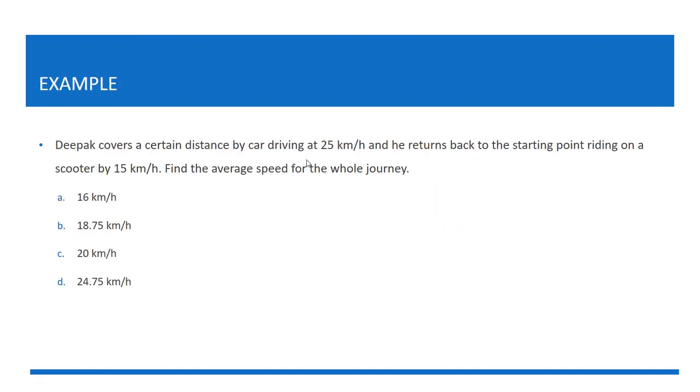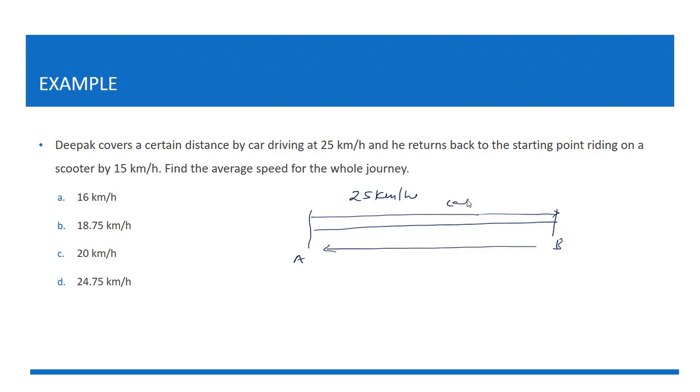Deepak covers a certain distance by car driving at 25 km per hour. So let us consider the starting point A, moving to B, going by car at 25 km per hour, and he returns from B to A by scooter at 15 km per hour. Now we need to find the average speed. In a normal average, 25 plus 15 is 40, 40 divided by 2 is 20.